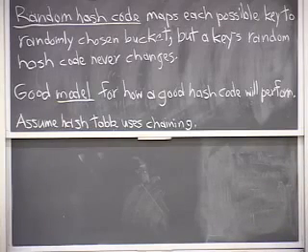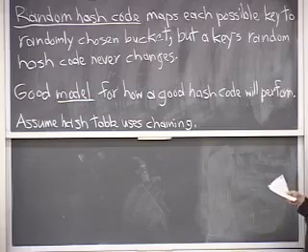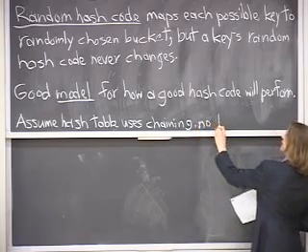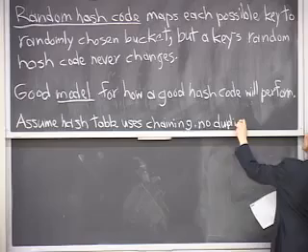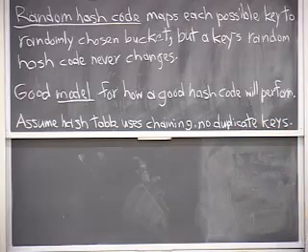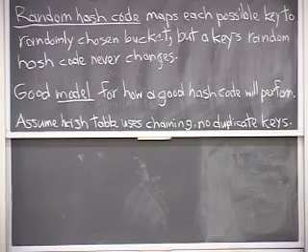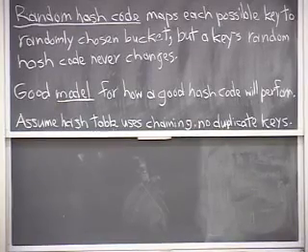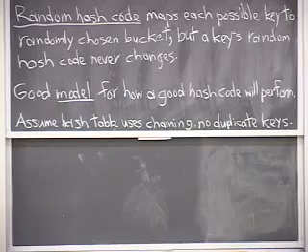Some of you might have heard about other ways, but we're going to stick with chaining because that's the easiest to analyze. And we're going to assume that there are no duplicate keys allowed in the table. So if you try to insert a key that's already there, the new entry will replace the old entry. That way there's never more than one entry in the table that has a certain key at a time.